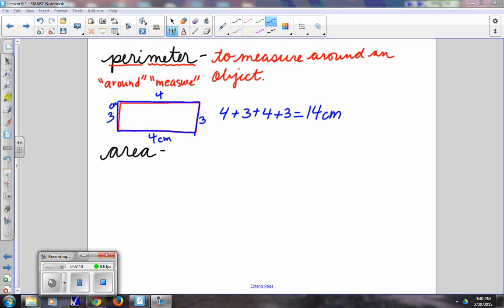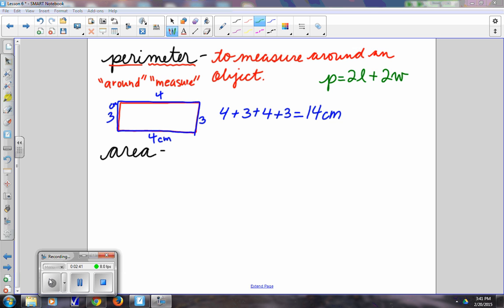So normally when you have perimeter and area, you have a formula that comes from this. The perimeter formula is P, which equals perimeter, 2L plus 2W.